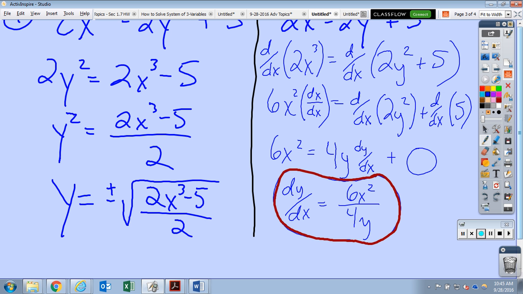For math up to this point, we've always let x be the independent variable and y be the dependent. We want to know how much the dependent variable changes with respect to the independent variable. It's not very logical to ask how much the independent variable changes with respect to change in the dependent.